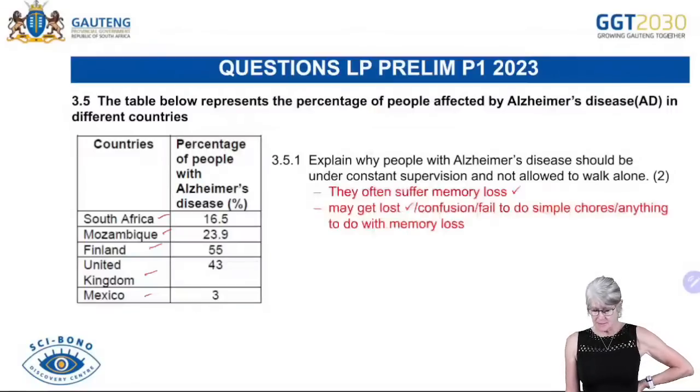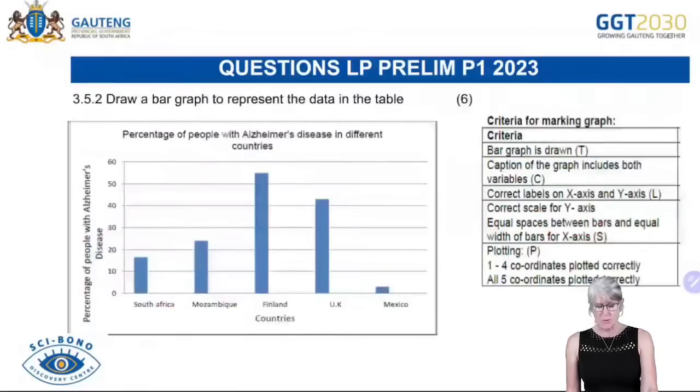They can get lost. They become very confused, as we've said. They are unable to do simple chores and that kind of thing. They don't know who they are very often. They don't know who their family is. They forget. So this is why usually Alzheimer's patients are unable to function independently. So very often they need care. All right. The next question.